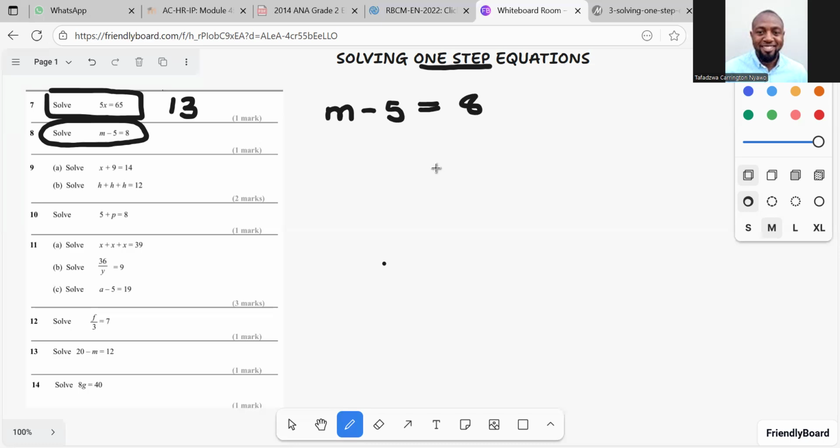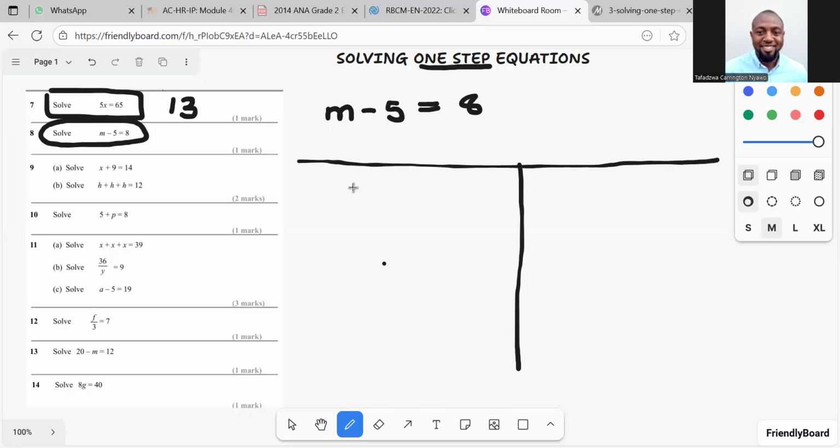There are two ways by which we can do this. I'm just going to divide my board into 2 here so that I can show you the two ways. Okay, so this is the first way. m minus 5 is equal to 8, right?